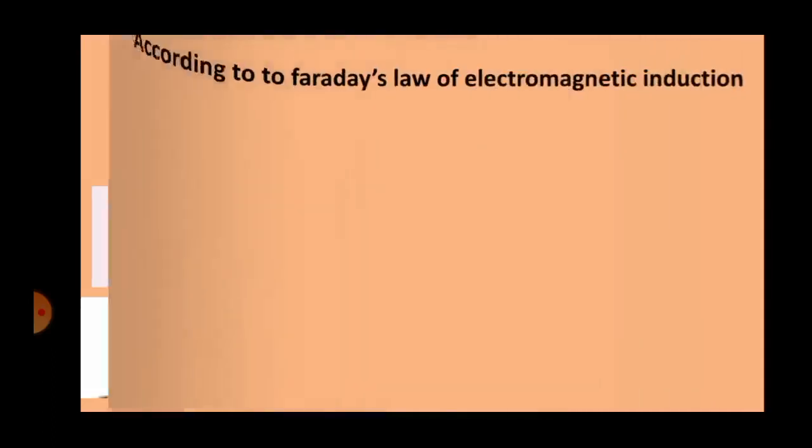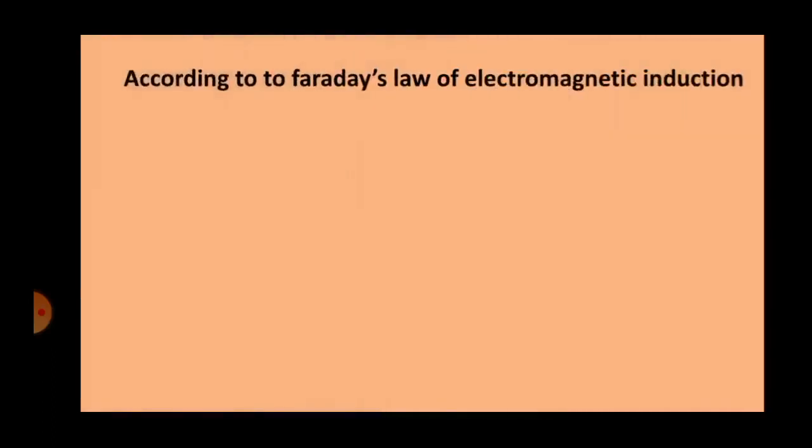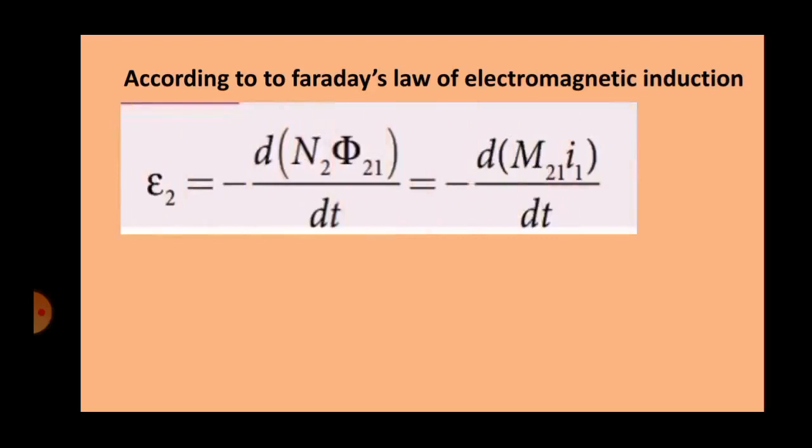Okay. Then when the current I1 changes with time, an EMF is produced in coil 2, that EMF is E2. According to Faraday's law of electromagnetic induction, this mutually induced EMF E2 is given by E2 equals minus d(N2 phi 21) divided by dt.